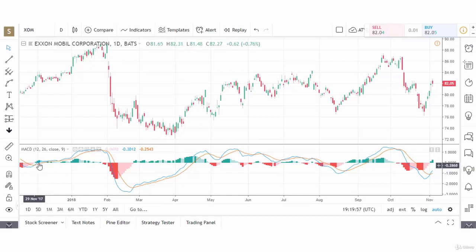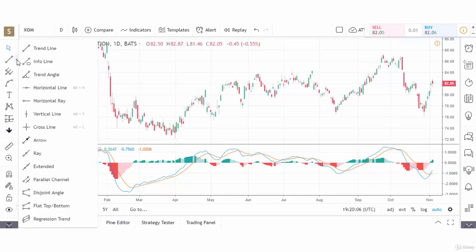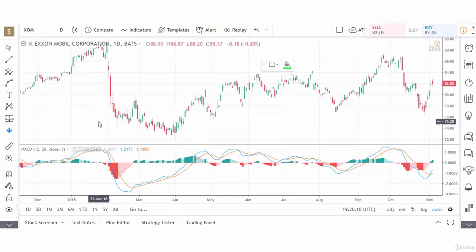We have the MACD in bullish territory above the zero line, trending up, and then we get a cross of the MACD here, actually before the stock dropped off. So we had a cross of the MACD, which is in overbought territory at this point, to the downside, and then the stock drops.